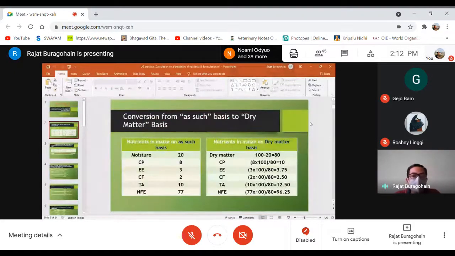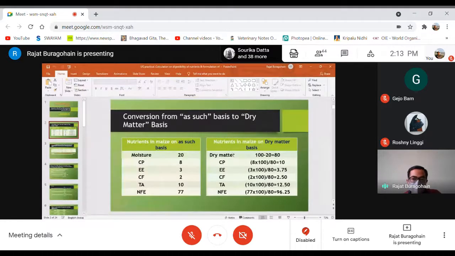First of all, before going for calculation of other things, I want to make you clear about the conversion of nutrients from SS basis to diameter basis, because in most of the questions you may get nutritional composition on SS basis, and in that case, for calculation of the stability coefficient or TDN or SE or NR, you have to convert first to diameter basis.